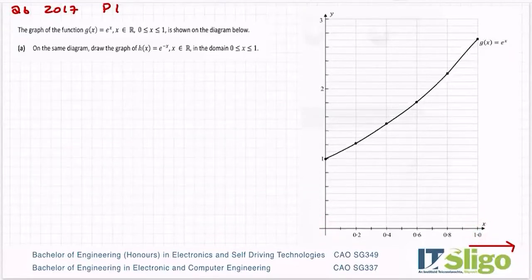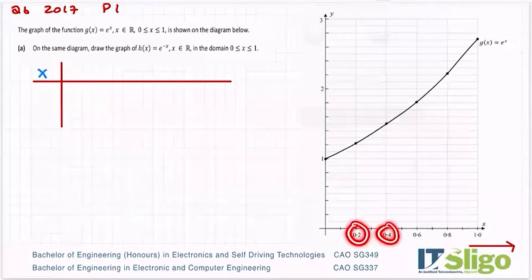So if I'm going to draw that graph on here, I'm going to develop a table like I would in any other functions question. These are my x values, and I'm going to take them off the x-axis as such.